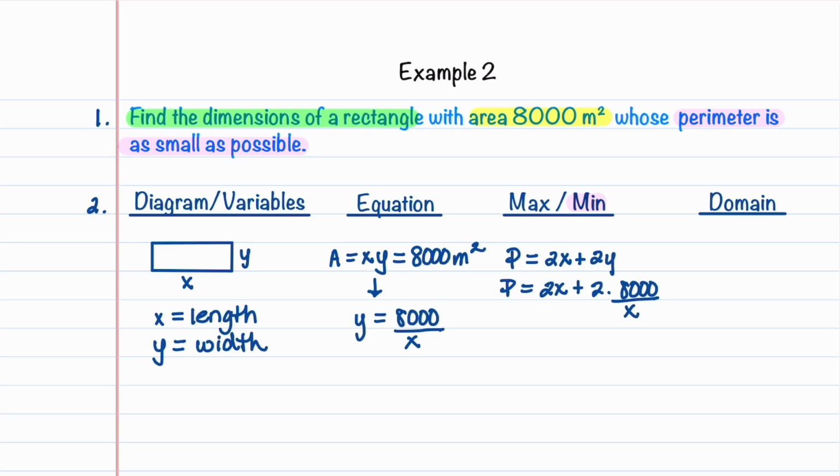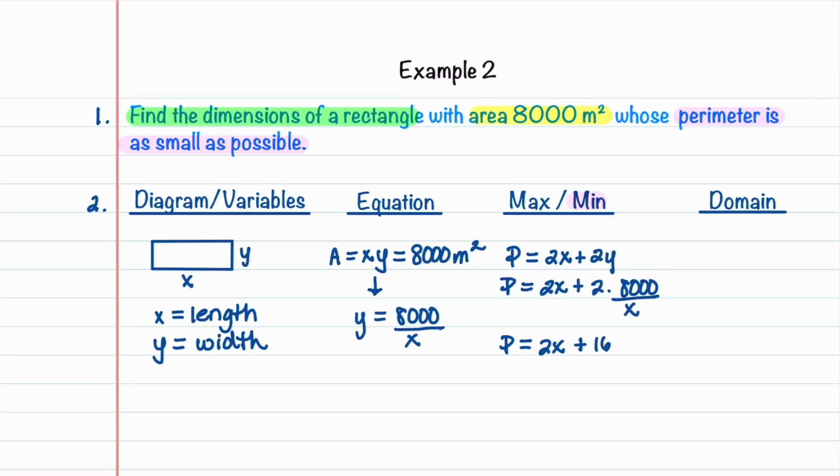Since we need to minimize P, we need to take its derivative. So at this stage, we need to write P in the easiest form possible to take a derivative. So I'm going to write P as 2x plus 16,000 x to the minus 1.